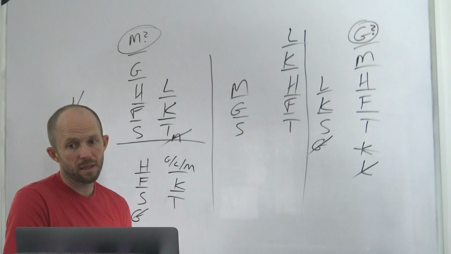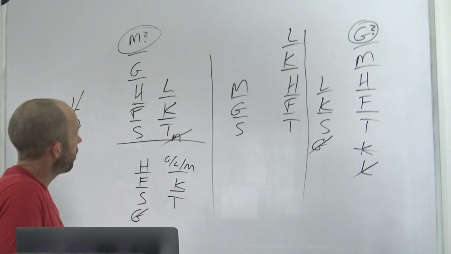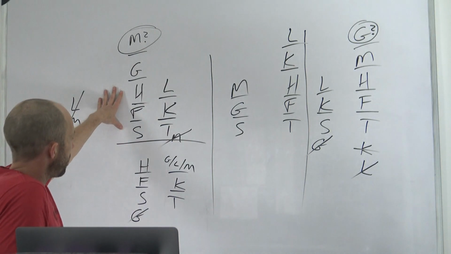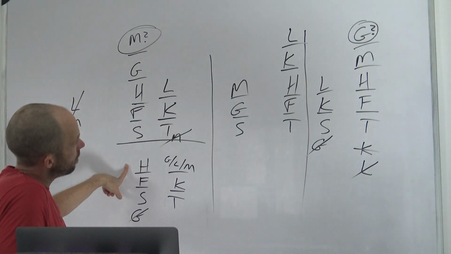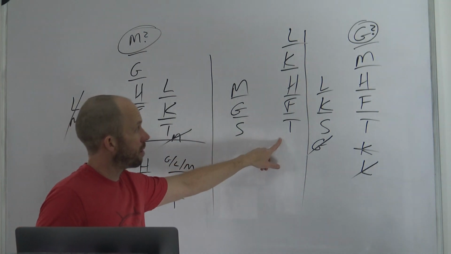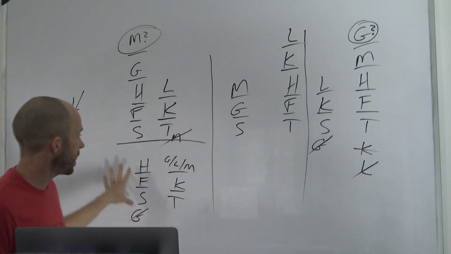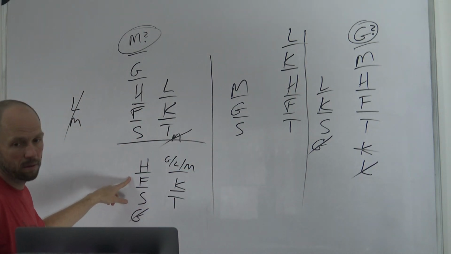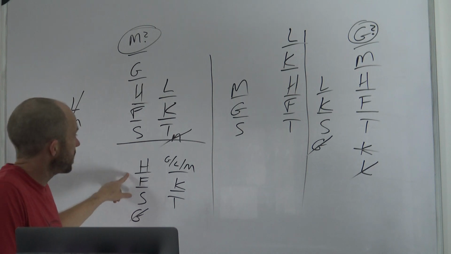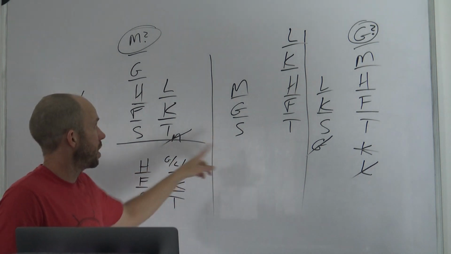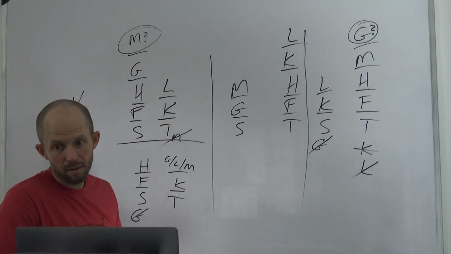Number 18 says, what happens when H is with L? Well, that didn't happen here. It could happen here. It did happen here. It can't happen here. Okay, so H can be with L like this, or H can be with L here. Which one of the following must be true in both of those? KT.